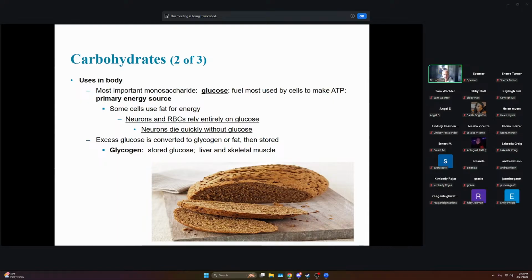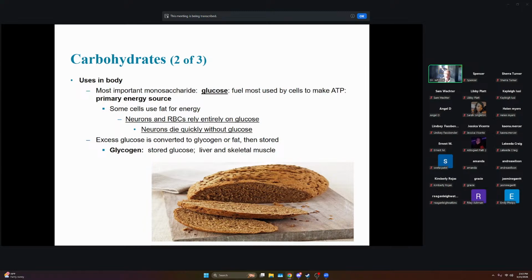Glycogen is stored excess glucose that can very rapidly be converted back to glucose when we need energy. That's the first layer of energy grab to make ATP. Glucose is our primary energy source, and some cells absolutely need glucose to survive, things like our neurons from our nervous system and our red blood cells, those erythrocytes, which need glucose in order to perform their functions.